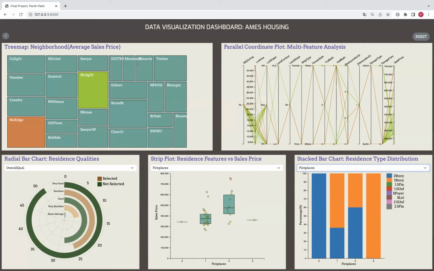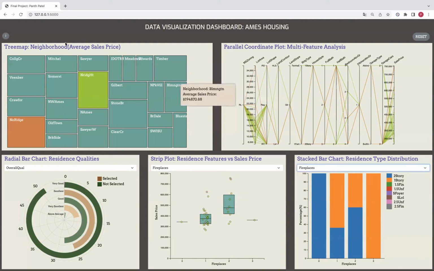We can see that the two costliest houses in the neighborhood are the ones that have two fireplaces. That's interesting. And we can also see on the PC plot that the land slope here is gentle.